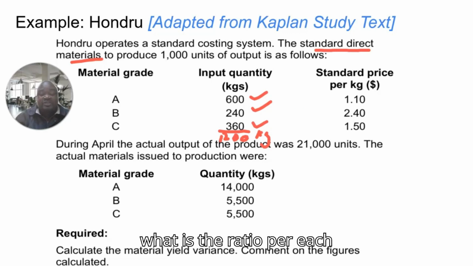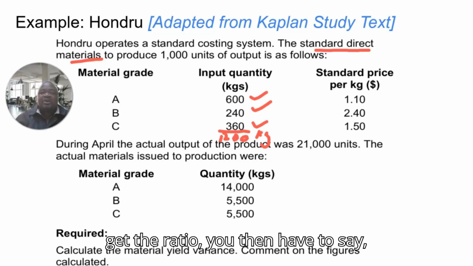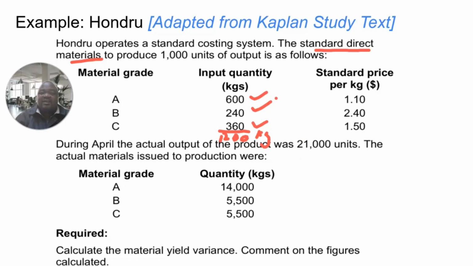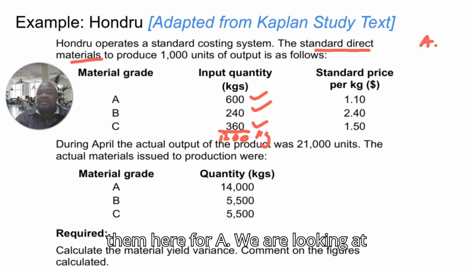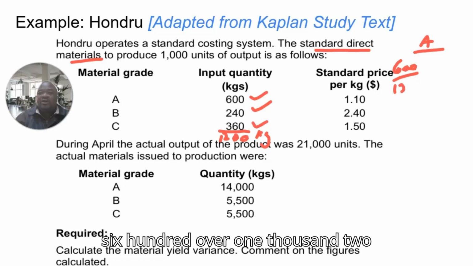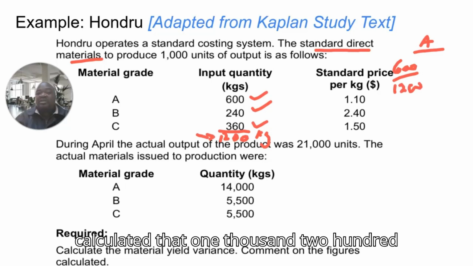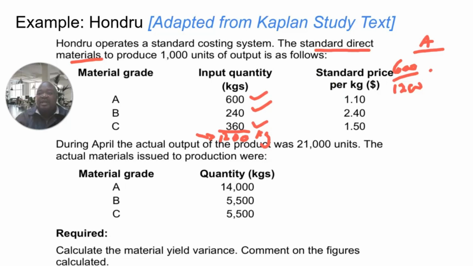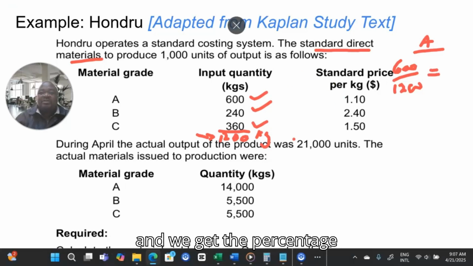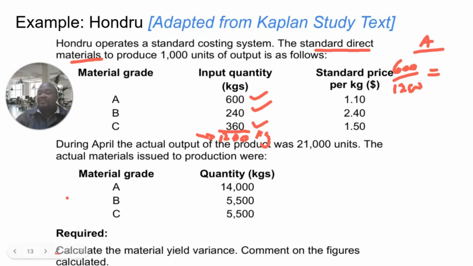And what is the standard mix? The standard mix is 600 to 240 to 360. So what is the ratio per each grade of material? To get the ratio, for A, you just have to say 600 over 1,200. This is the 1,200 we have calculated, and we get the percentage required.